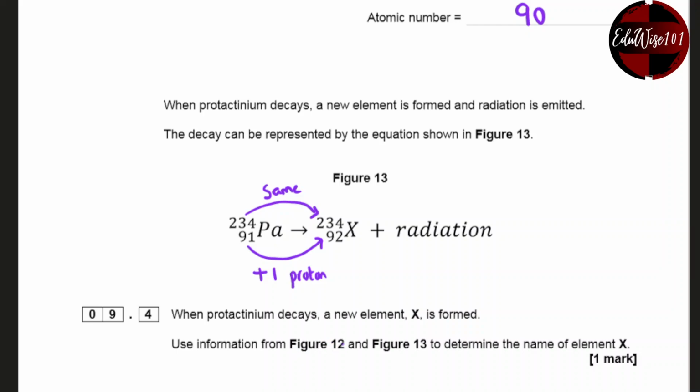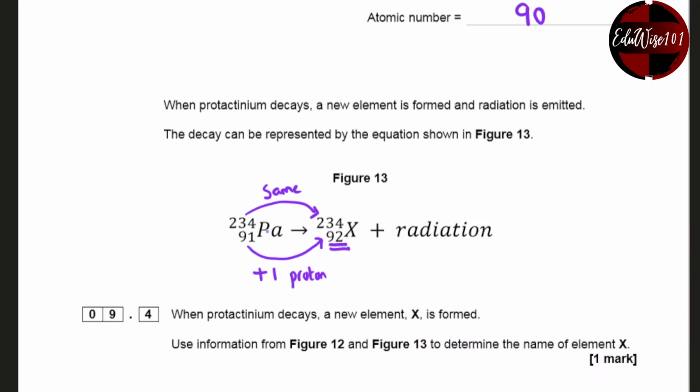When protactinium decays, a new element X is formed. Use information from figure 12 and 13 to determine the name of element X. We are looking at the proton number. That's the important thing, because you're not going to get a periodic table for the physics paper. The proton number decides what type of element it is.